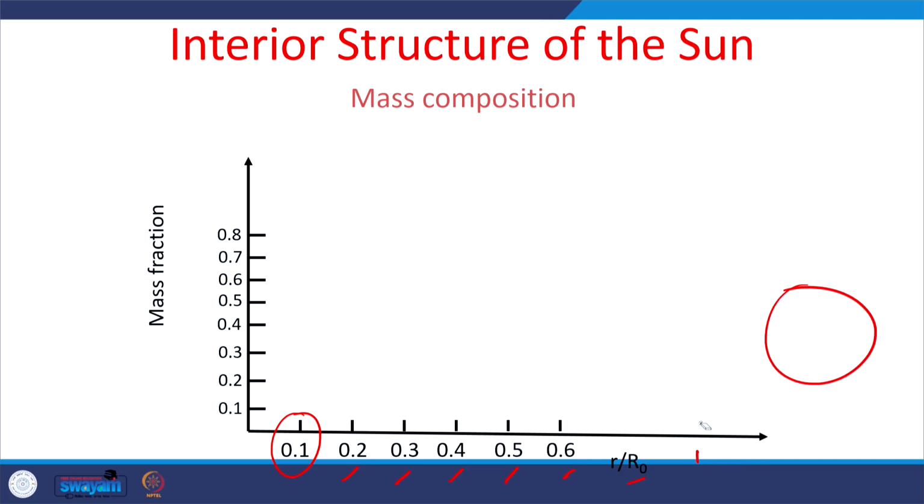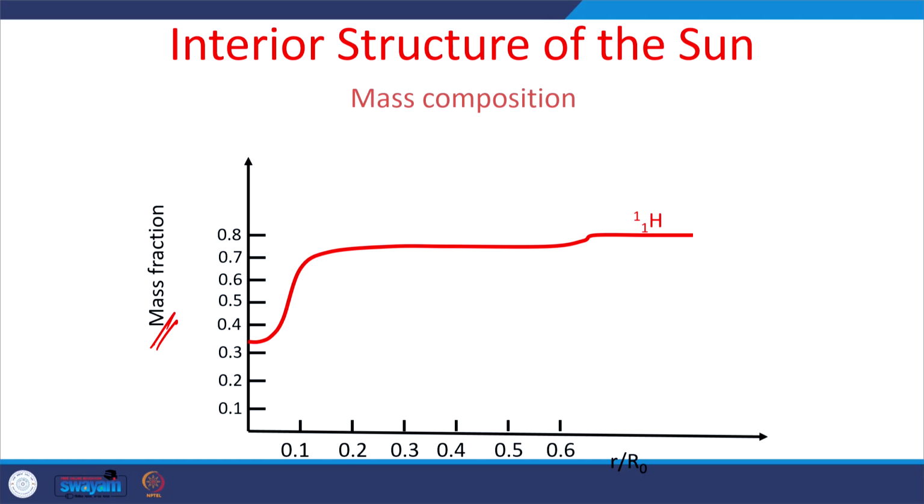So you are traveling away from the center, or from the core, and the mass fraction is again a fraction: the mass of one particular species with respect to the total mass. What you will realize is that hydrogen's concentration increases as you move away from the core, and helium's concentration decreases initially and then reaches a saturation.